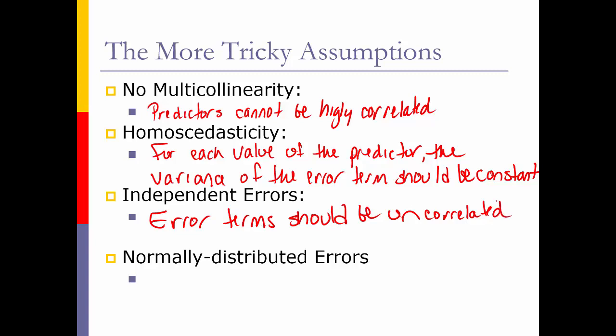And we should have normally distributed errors, which means our residuals should have a normal distribution with a mean of 0. We're going to go over each one of these assumptions, how to check it, and what it really means.